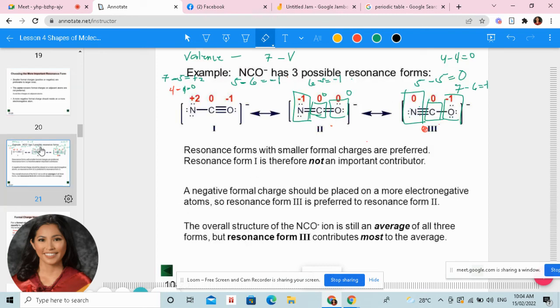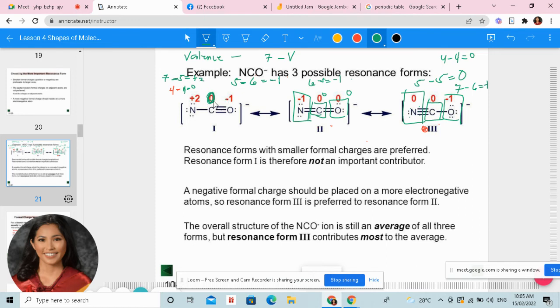The largest is carbon. What is its formal charge? 0.